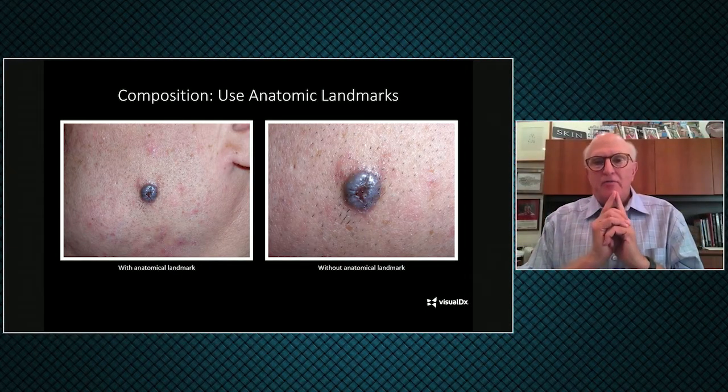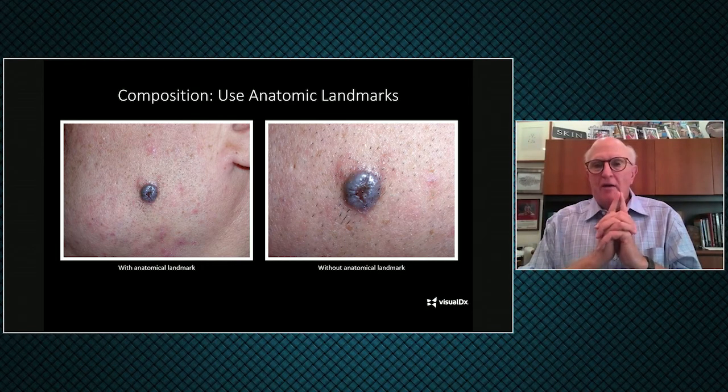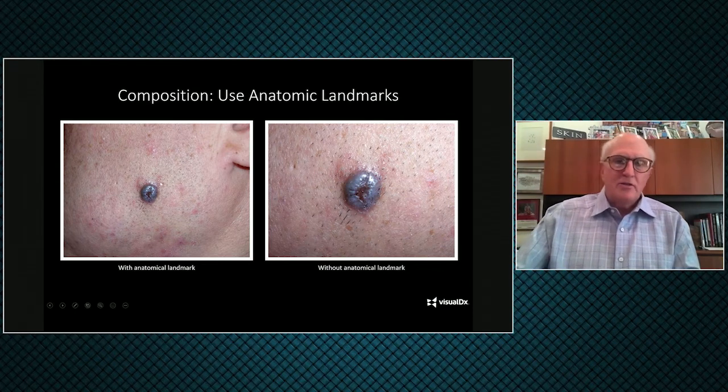Thanks. Now the other thing is, if you are taking the picture for the purpose of identifying where the lesion was, because you're going to have someone remove that lesion at some time in the future, you want to do what is on the left. That is to take the picture so that there is some landmark. You can see that this is on the face.